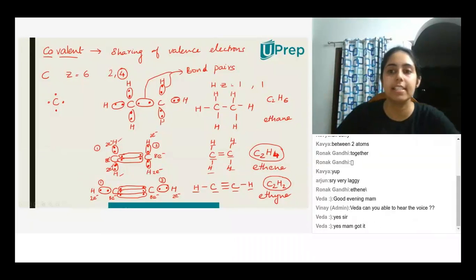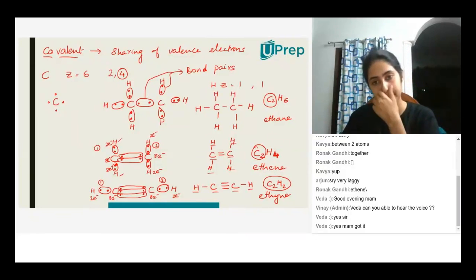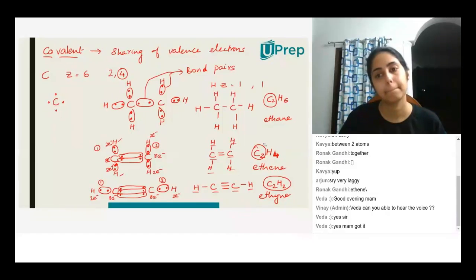Now if you notice, this C2 is common in all these three things. What else is common in all these three things? H4 is common? Does ethane have H4 or H2? H2. Right.